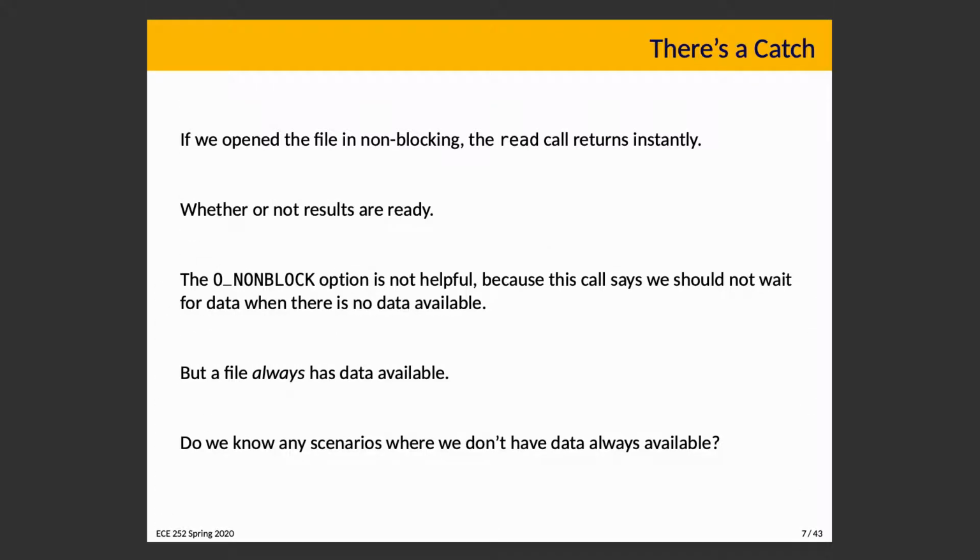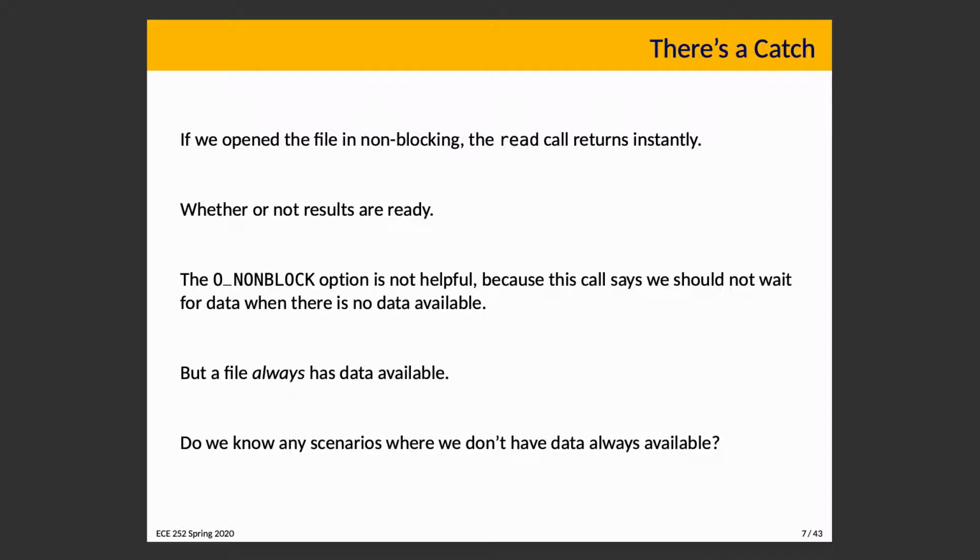If you open the file in non-blocking, the read call returns instantly whether or not the data is actually there, but it doesn't work for what we're doing. The non-block option seems, by its name, like it does what we need, but in practice does not. It says we should not wait for data when there's no data available.